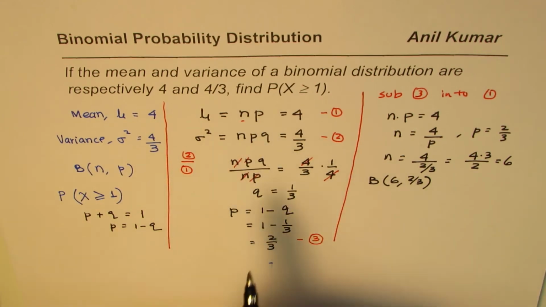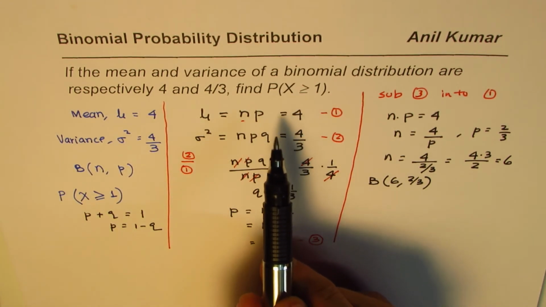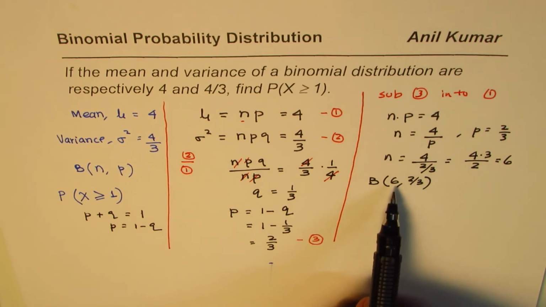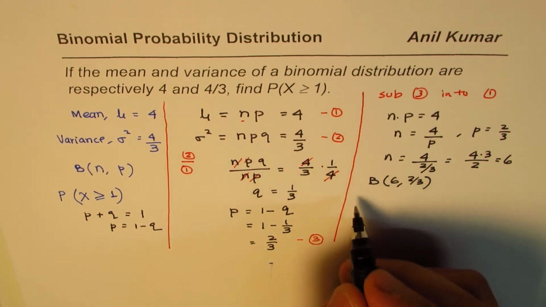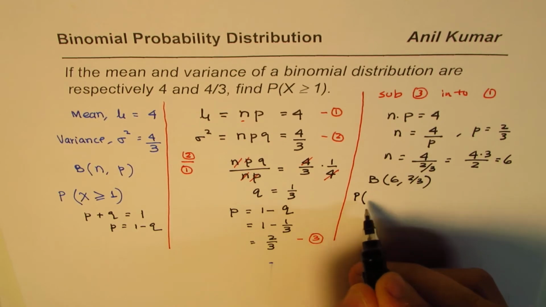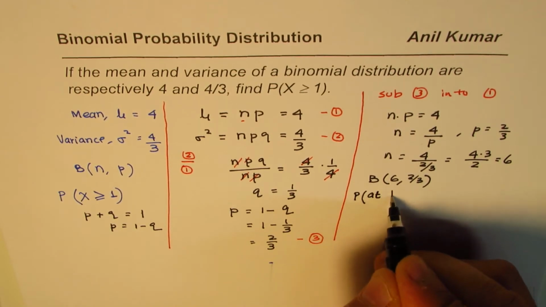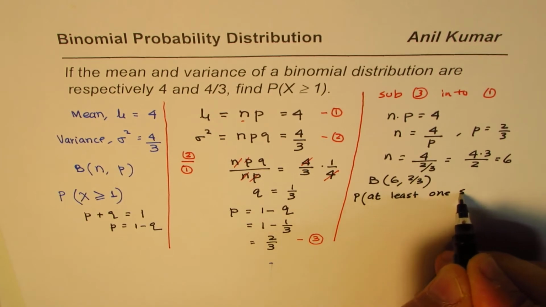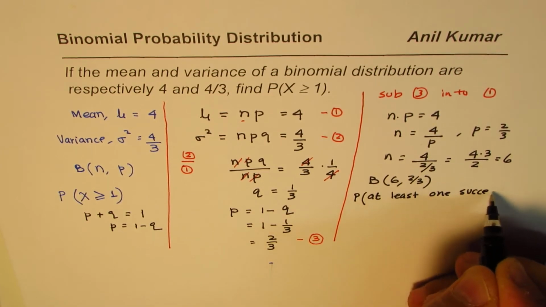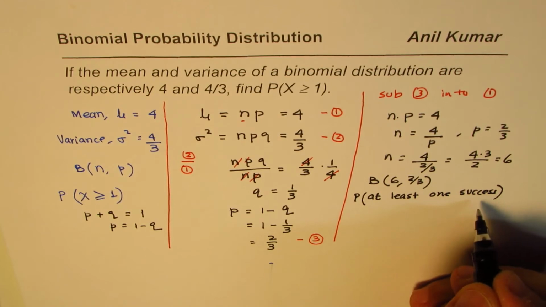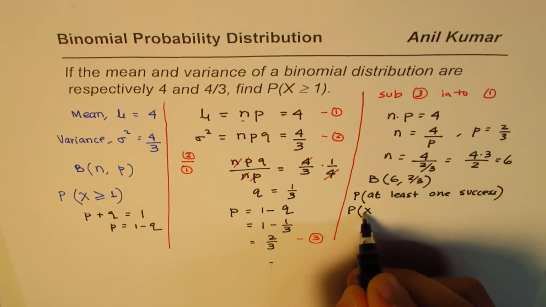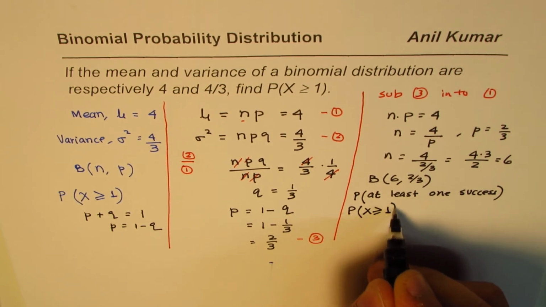Now what we need to find is the probability that at least one is a success out of these 6 trials. That is what it means when we say the probability for x to be greater than or equal to 1.